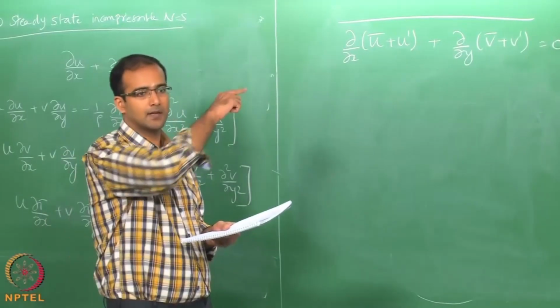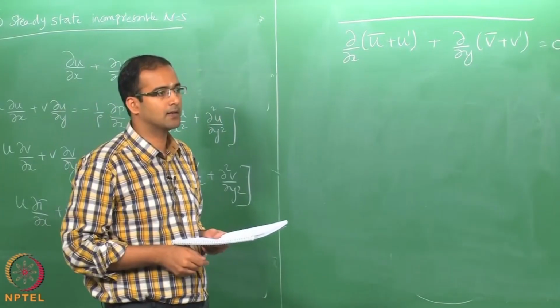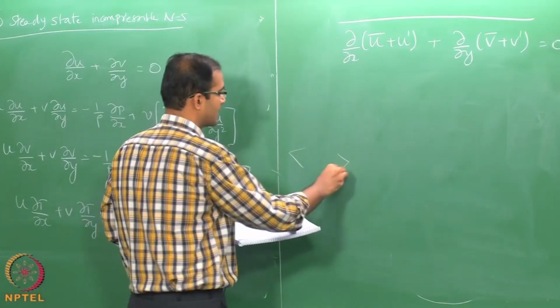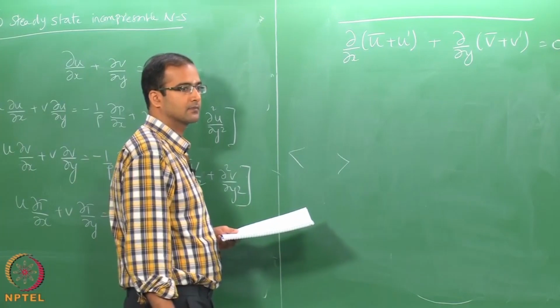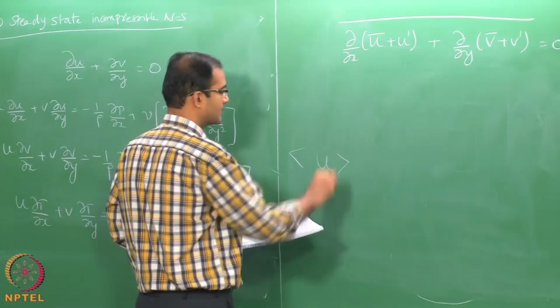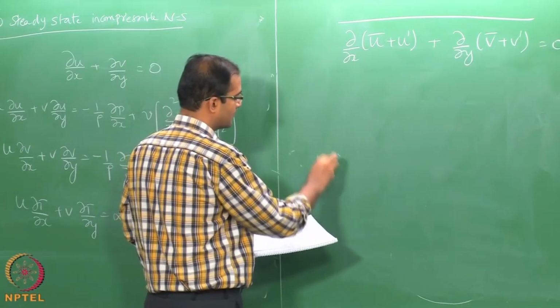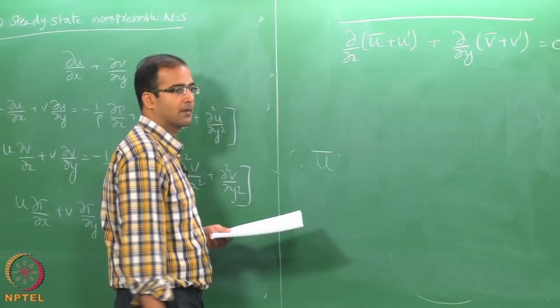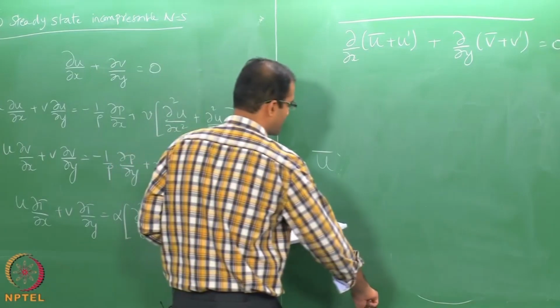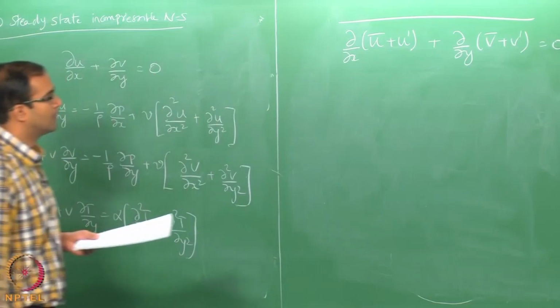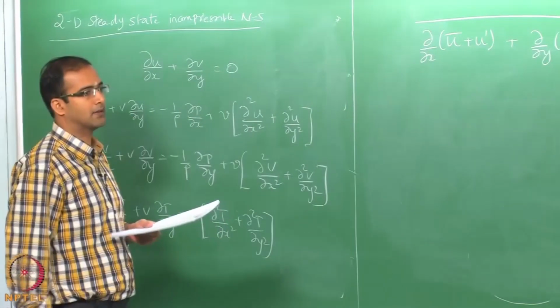For example, time average is given by an overbar, and ensemble average is given by this kind of parenthesis. So, if you write it like this, it means an ensemble average, and if you write like this, it is a time average. Some textbooks follow this convention. Now, how do you write this? Use the rules of averaging and tell me.